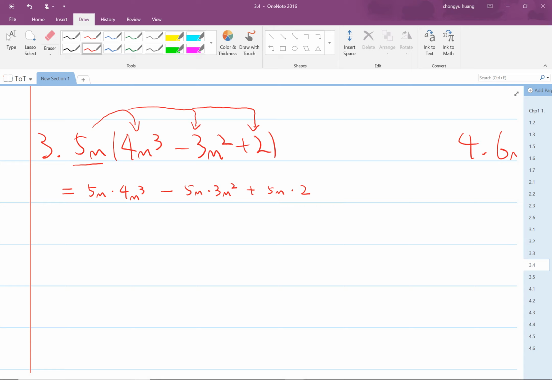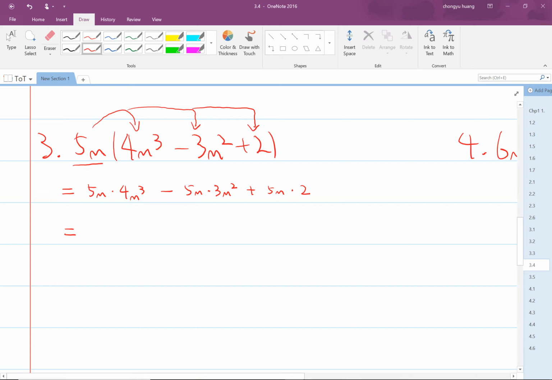So this is the simplification. All right, and then after that we have to simplify a little bit more, right? As you can see over here, as the first term we have 5m multiply 4 to the power 3, right? So let's do it step by step.